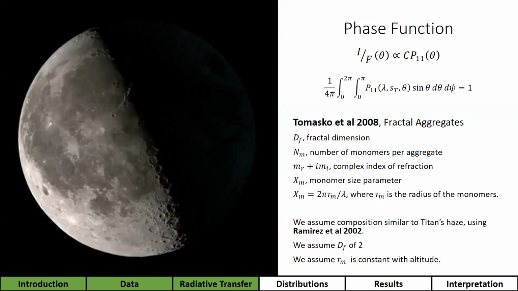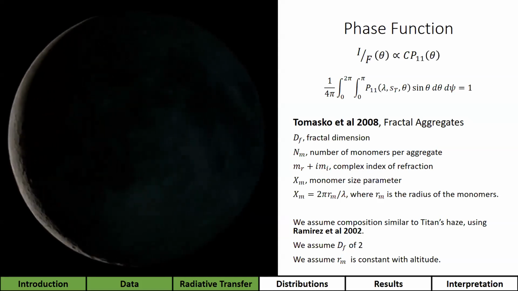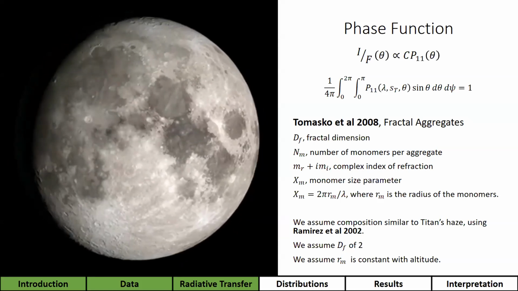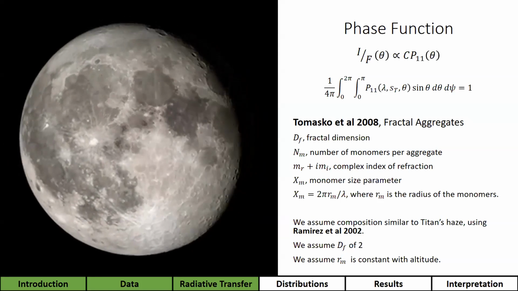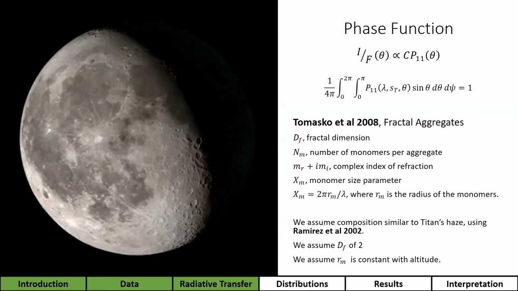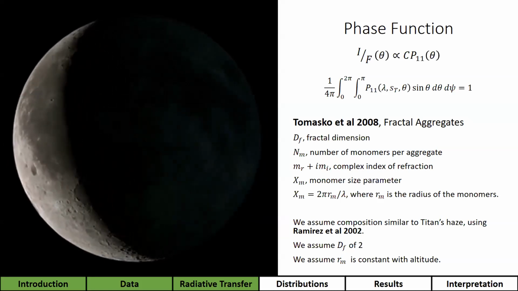So we assume that for the complex index of refraction, it is the same as Titan's haze, and we assume a fractal dimension of 2. I will talk about at the end why this might not be the best assumption, but for the time being, we'll just assume a fractal dimension of 2.